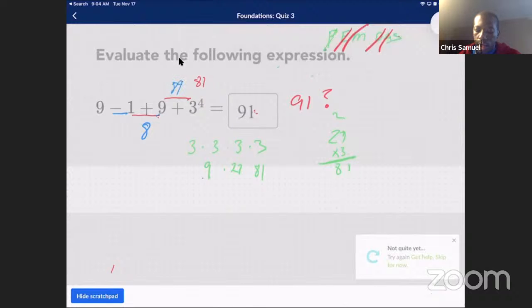And then we say 9 plus 89, because now we have a positive on this side. So then you have 89 plus 9, which is 98. So it'll be 98.